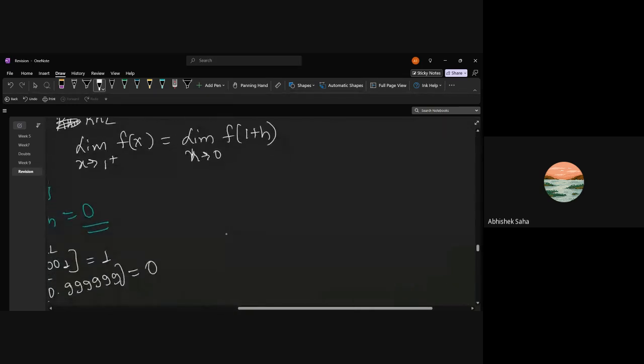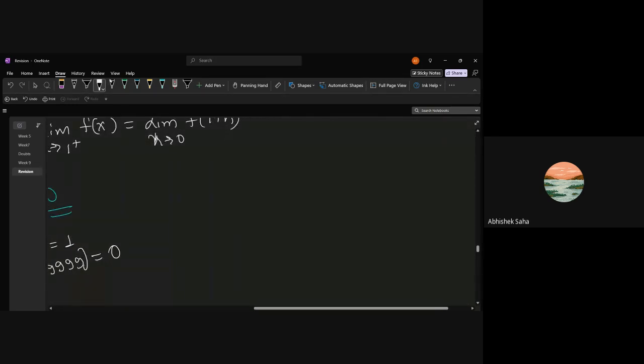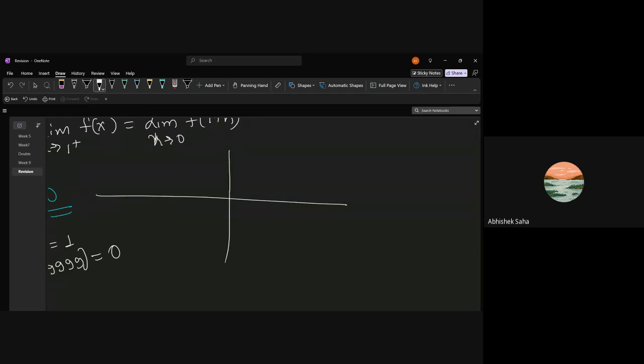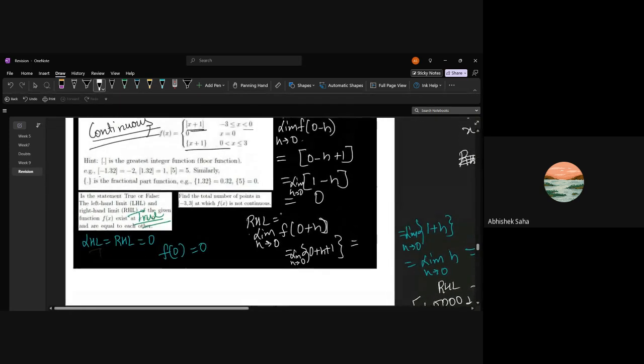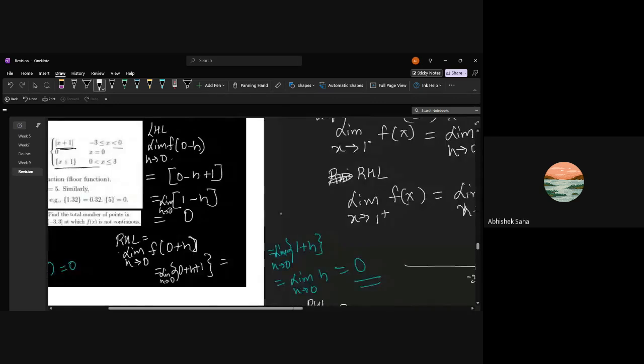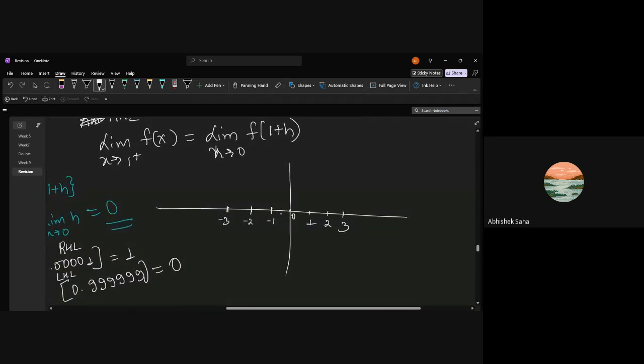And then let me draw the graph of that function. We can also draw the graph of that function. So at integers, we have to check: minus 3, minus 2, minus 1, 0, 1, 2, 3, and check the function. What is the definition of the fractional part? So how will the fractional part look? It will look like this.